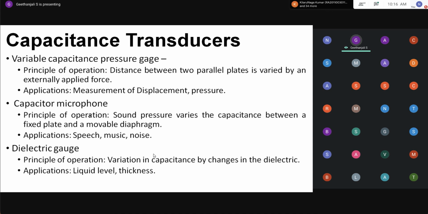You can use this dielectric gauge for liquid level displacement, as well as to see the variation in the thickness of the material. The principle of operation is variation in the capacitance by changes in the dielectric.